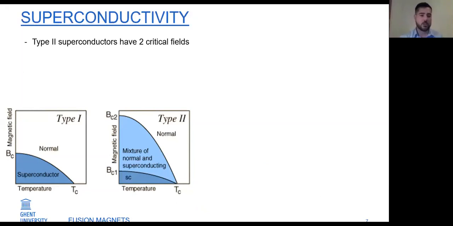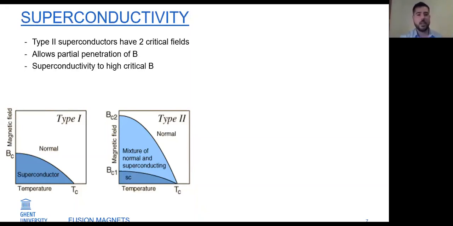Superconductors are diamagnetic materials, meaning external magnetic fields don't cross the material, but type 2 allows a partial penetration of the magnetic field, and this reaches a superconductivity critical external magnetic field higher than type 1.